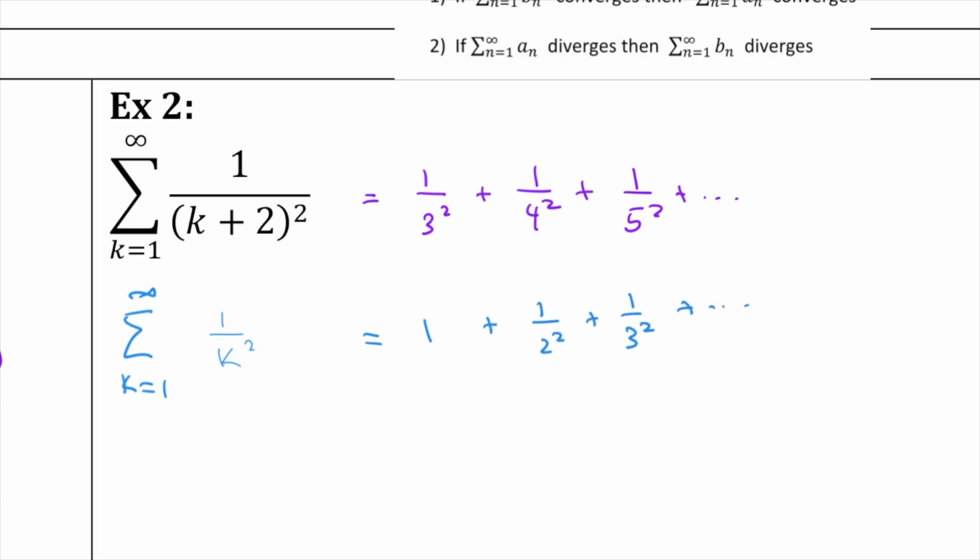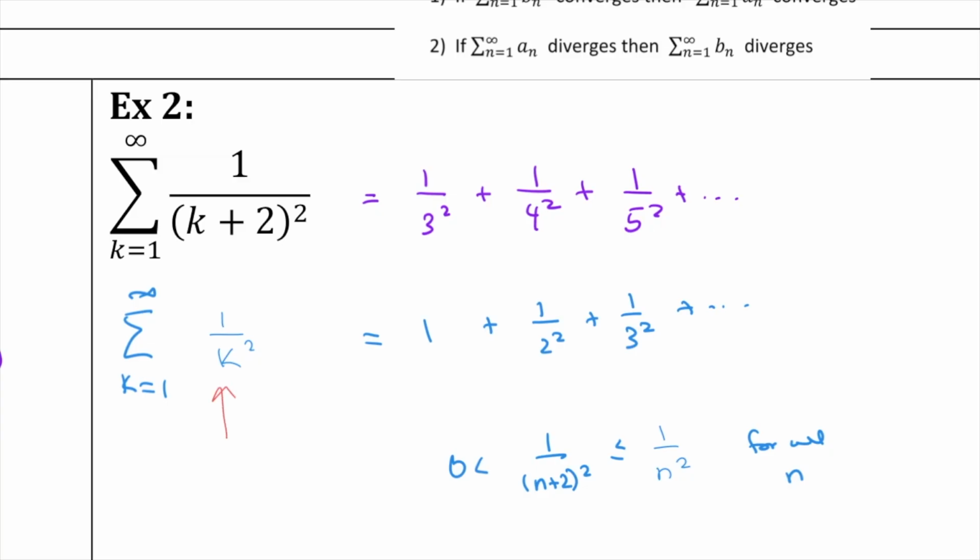Again, what we can see is this time for each one of our values, 1 over n plus 2 quantity squared is less than or equal to 1 over n squared, and this is for all n values. Now, go back and think for a moment.